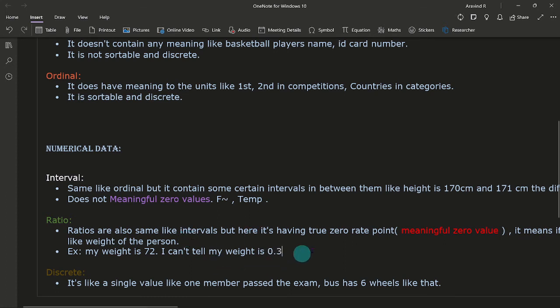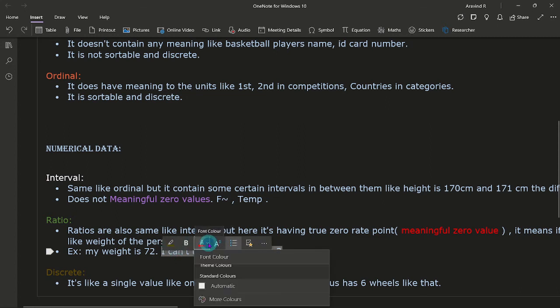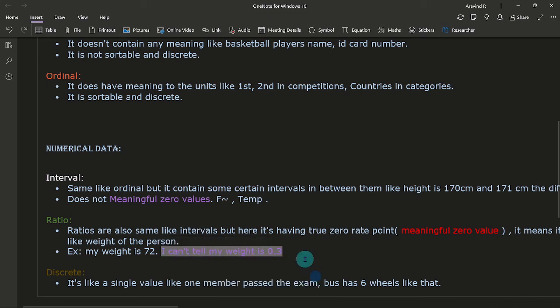Does that make sense? Is this line making any sense to you? A newborn baby may be 6 to 7 kg, but I can't tell you my weight is 0.3. If I tell zero, it does not make any sense. There is no person in the world with zero weight.